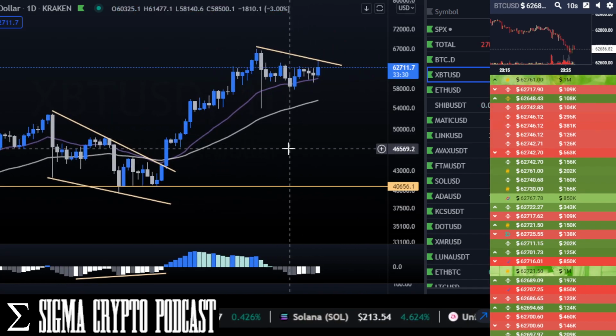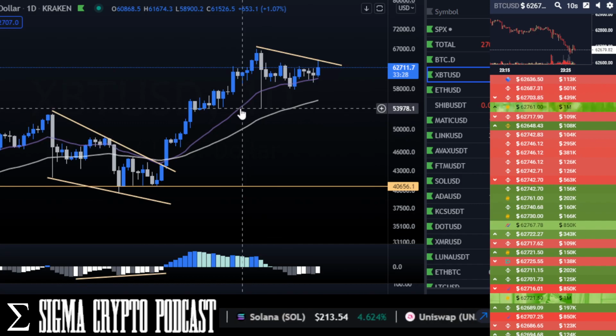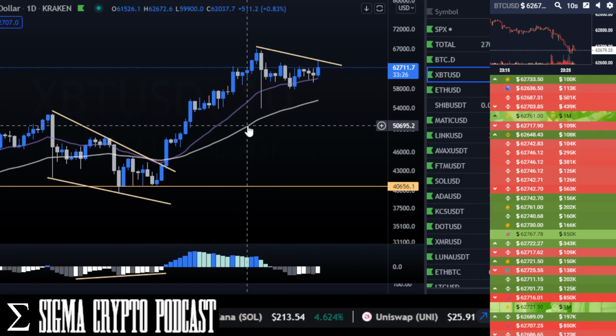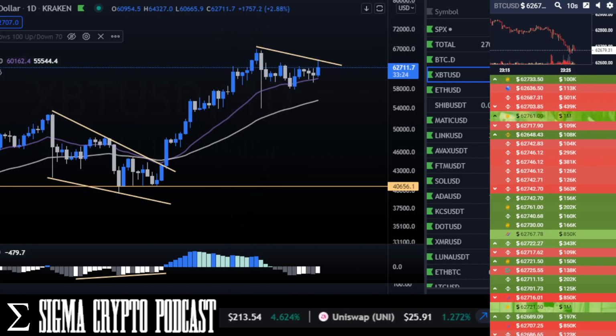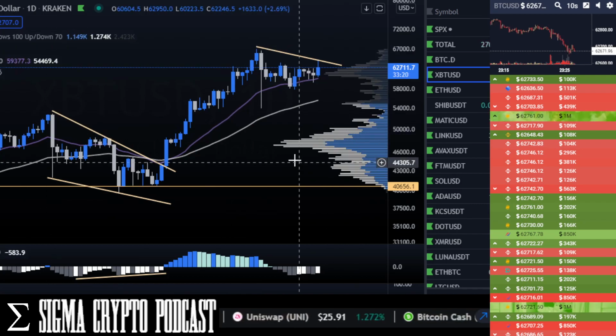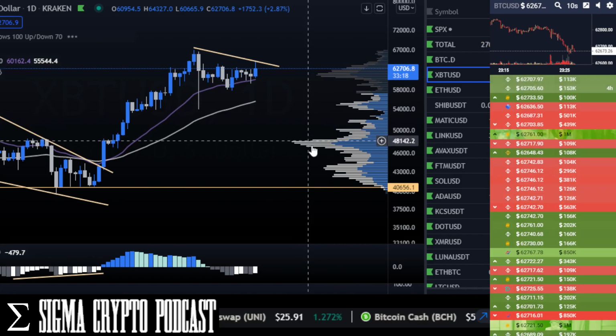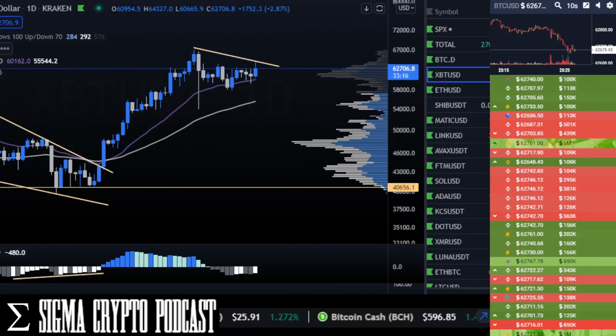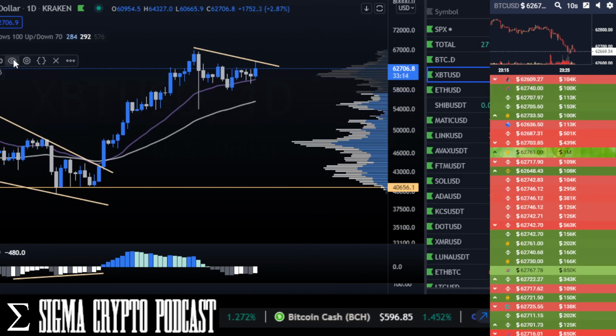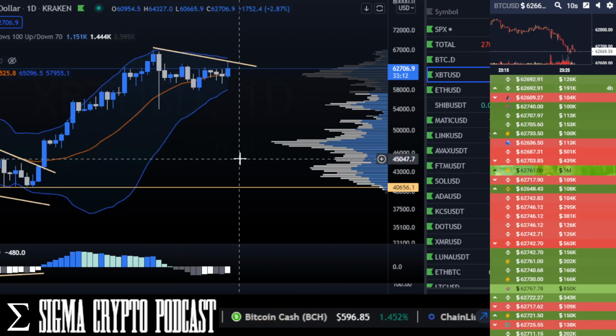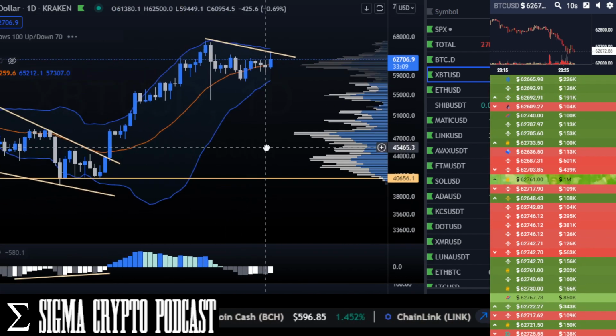I only use the 20 and 50 day moving averages. Sometimes I'll throw in the SMA. I use the VPVR, which is a volume indicator. Sometimes I'll look at the Bollinger Bands. Bollinger Bands are quite useful, yeah.